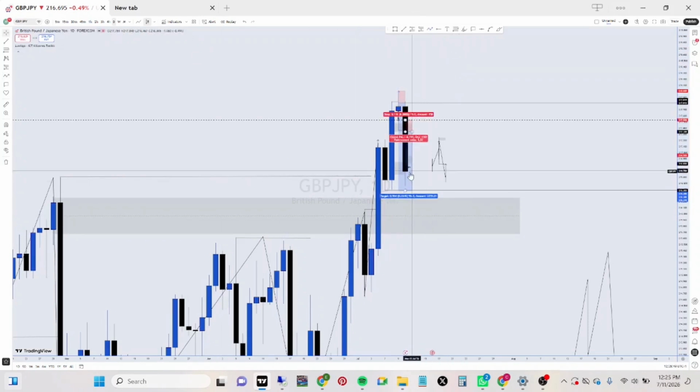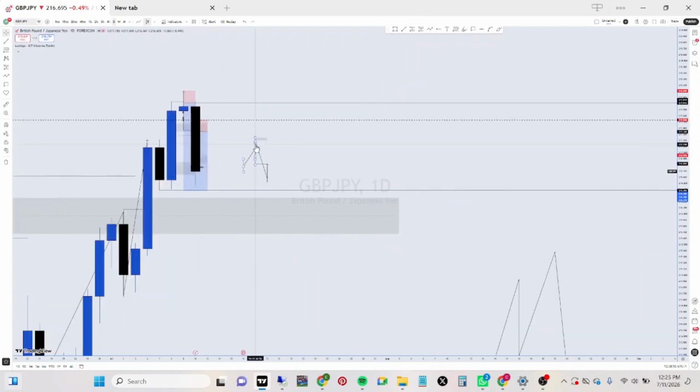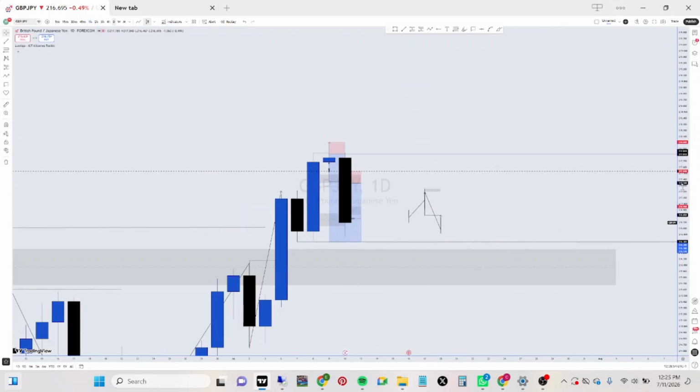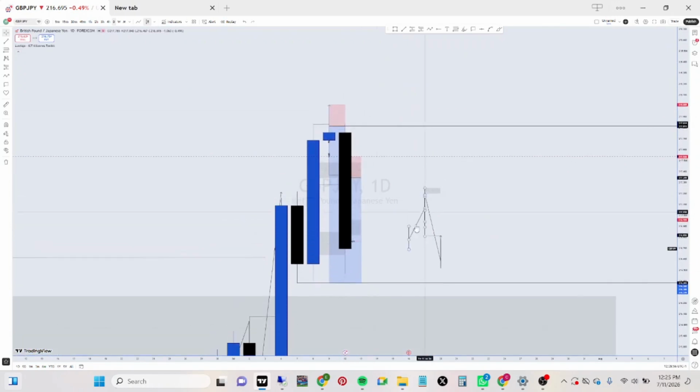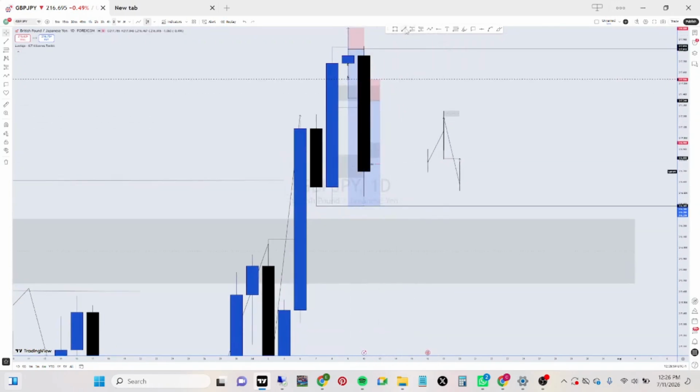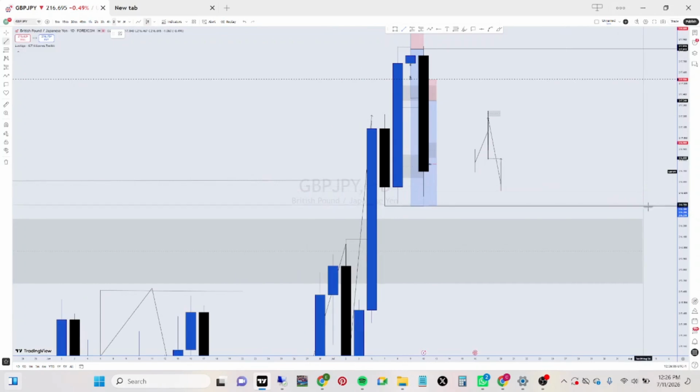That's why I want price to take this low, and since this candle high is already out, I'm expecting the low to go out also. So if price is going to take out this low, there are high chances that it's going to take this low also. So that's why my target has to be this area.